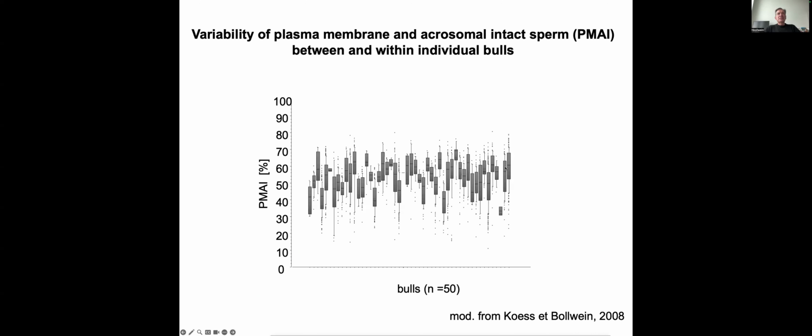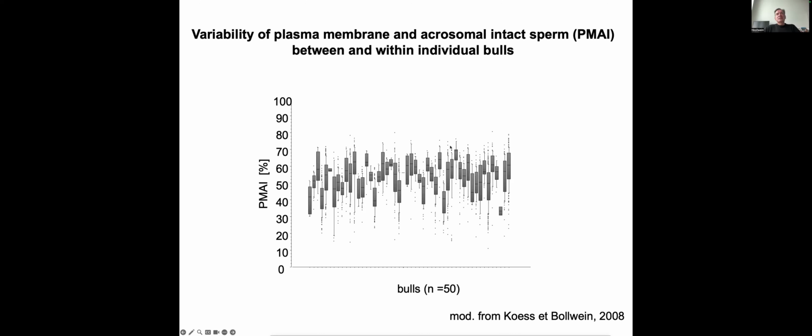So here you see 50 different bulls, and you see the plasma membrane and acrosome intact sperm. This is not the DNA damage, and you see a very high variability between the bulls. And what is even more important is the variability within the bulls.